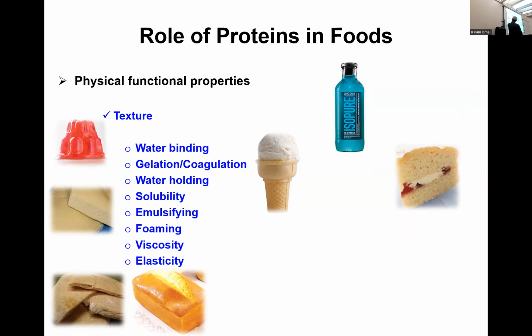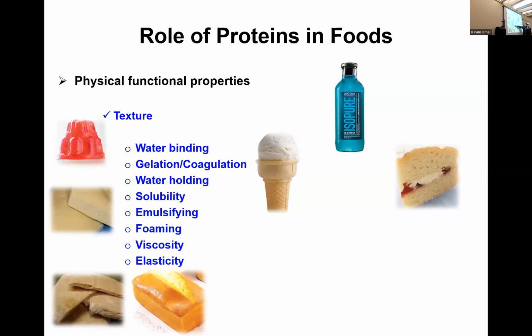Here we have a lot of water holding taking place: gelation, coagulation, forming a coagulant like in cheese, solubility in a beverage, emulsifying and foaming. Ice cream is an emulsion and foam because you have the fat emulsified and you have the foam stabilized by the protein matrix.